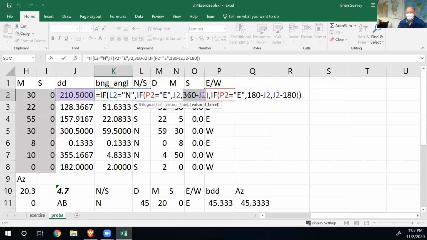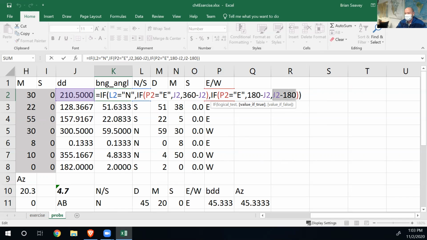So the only one different is that the J2 is minus 180. Yeah, and this is why, right? If I'm in the southeast quadrant, it's 180 minus the bearing angle, and that's the same thing, right?